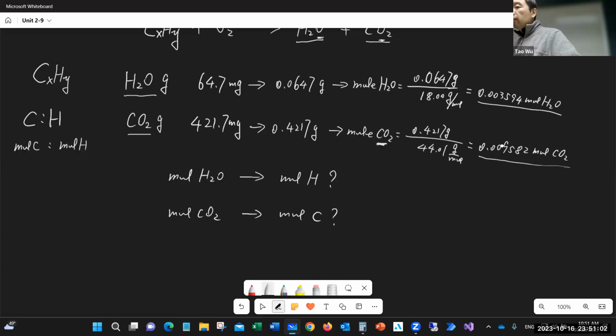Well, if you're confused, then let's just think about it. If we have 1 mole of CO2, how many moles of the carbon can we have for the 1 mole of CO2? Remember, that's atom. It just talks about atom. 1 mole of CO2, how many moles of carbon can we find from the 1 mole of CO2?